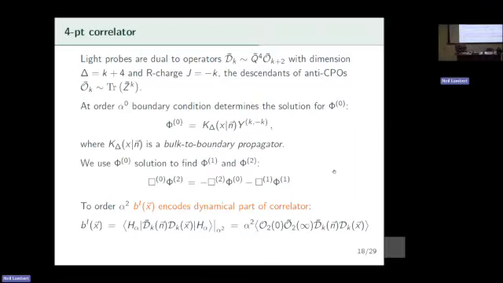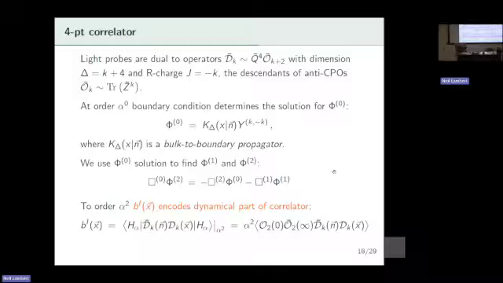So the dilaton is dual to the superconformal descendant of an anticarrier primary, which I'm calling d_k. And the boundary condition essentially fixes the zero-order solution, which is proportional to the bulk to boundary propagator.